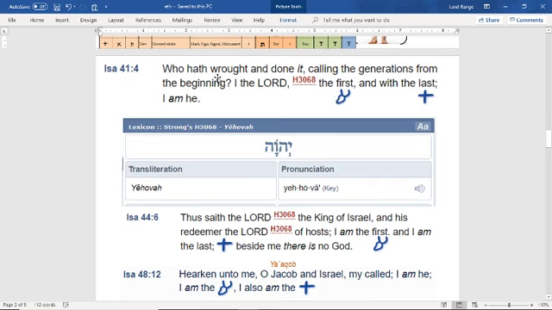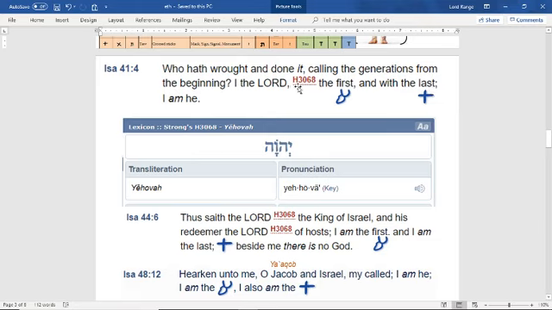It says, "Who hath wrought and done it, calling the generations from the beginning? I, the Lord, the first, and with the last, I am He." And again, this word Lord is Jehovah. We want to talk about that name also in this lesson. So here we have that first and the last.